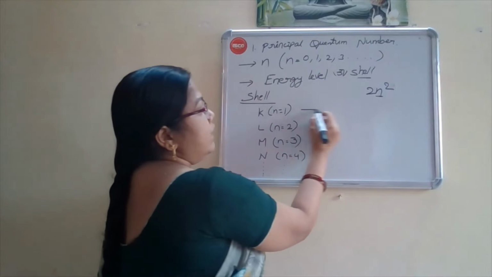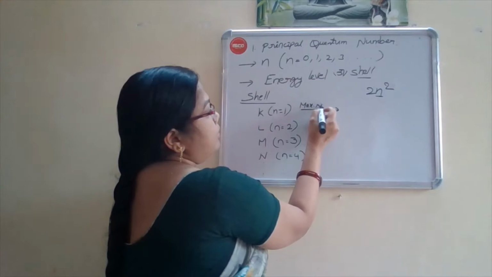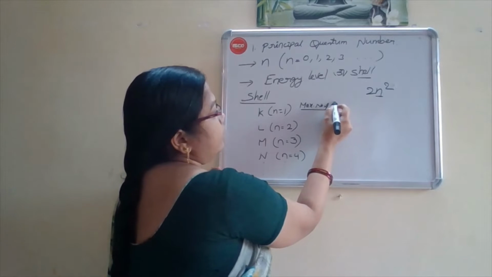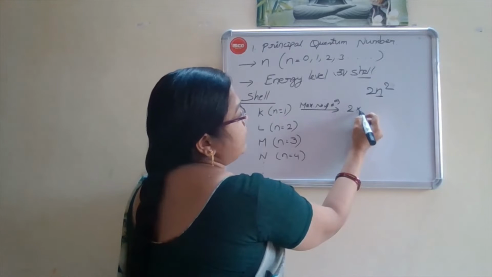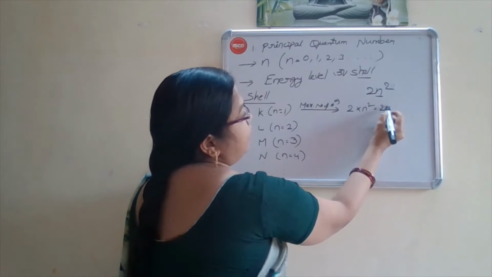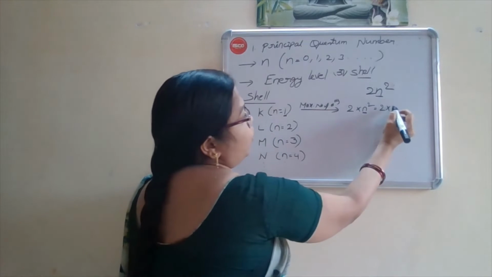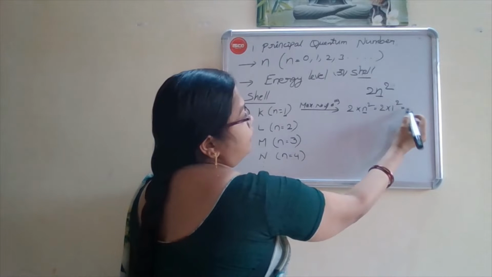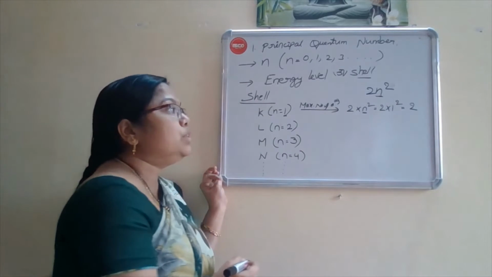For K shell, the maximum number of electrons is calculated by the formula 2n square, where n is the shell number, n is equal to 1. So 2 into 1 square is equal to 2.